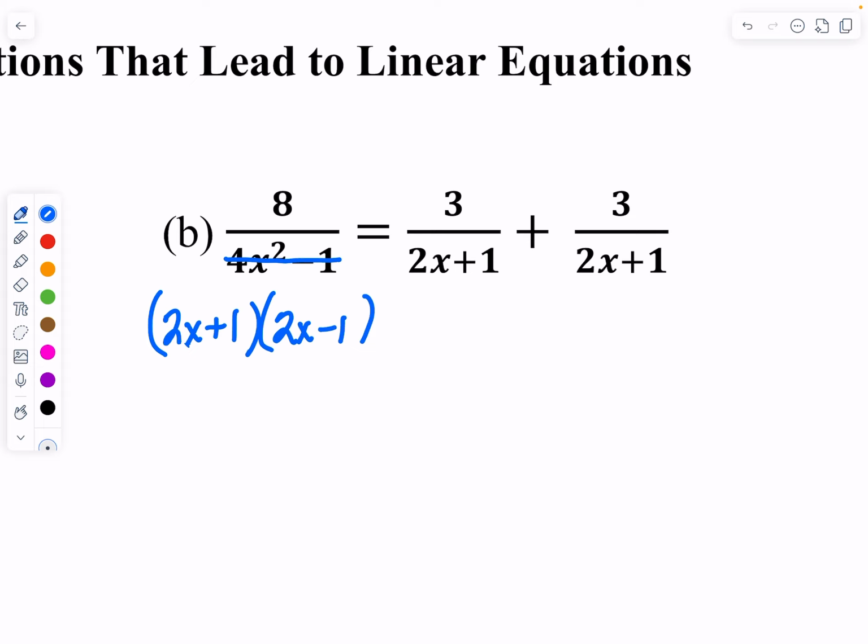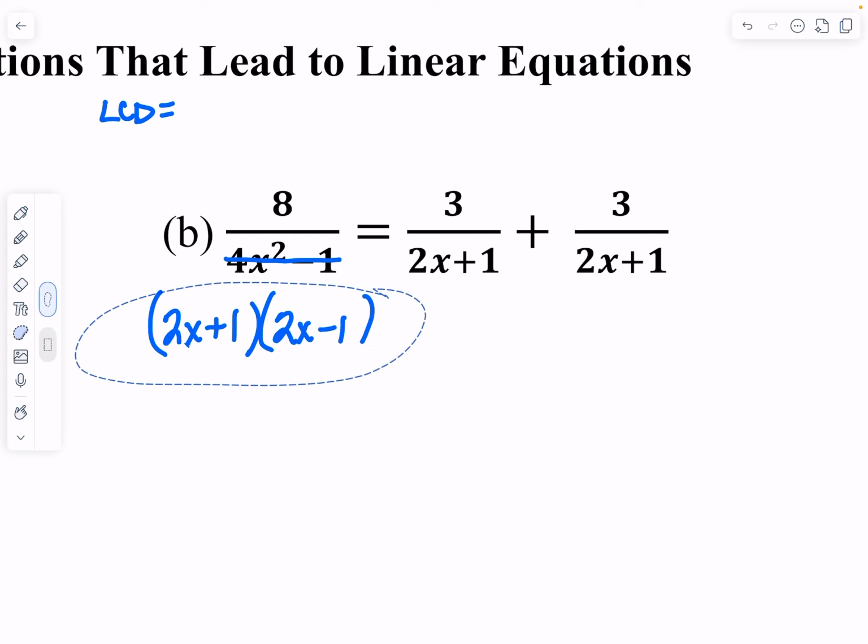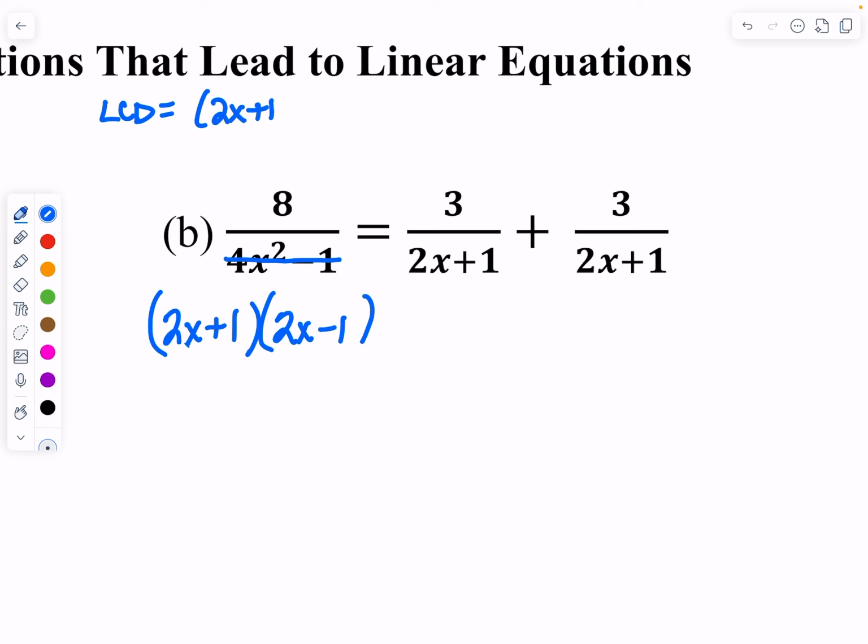All right, let's go to our least common denominator. So I always go to the very first fraction and write down whatever is there. So that's 2x plus 1, 2x minus 1. Then I go to my next one, and there's 2x plus 1 there. Notice that is already up in the least common denominator, so I don't have to write it down.